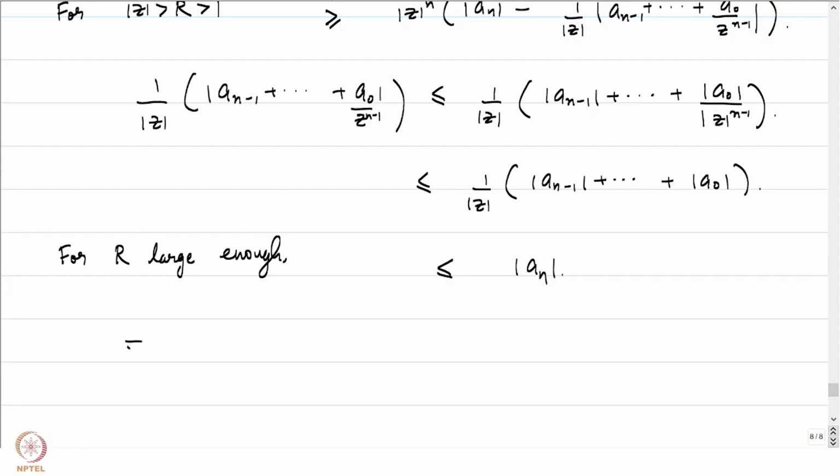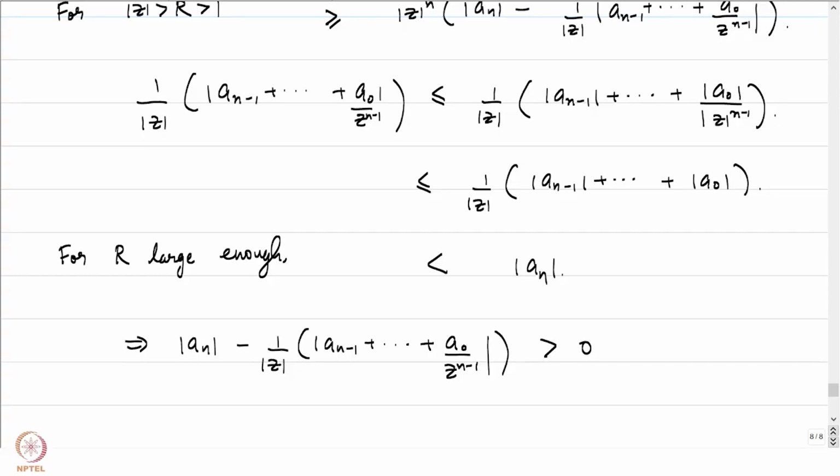Rewriting this would just tell us that this absolute value of a n minus 1 by mod z plus all the way up to a0 by z to the power n minus 1 can be arranged to be less than mod a n, and therefore the difference will be greater than 0.